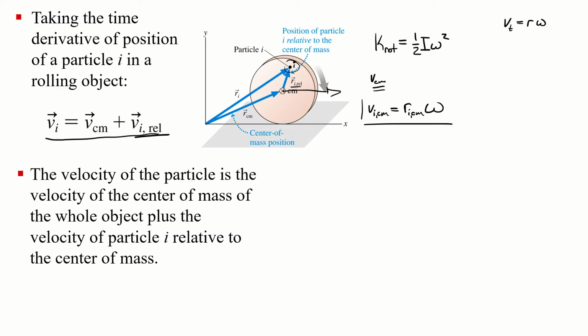So the velocity of that ith point relative to someone watching from, say, the ground standing still, is equal to the velocity of the center of mass plus the velocity of that part of the object relative to its center of mass.